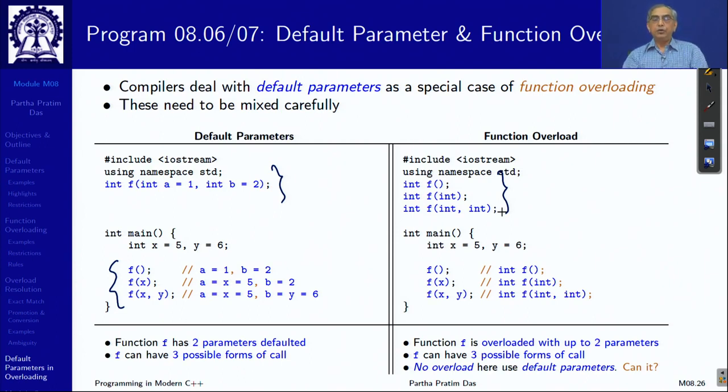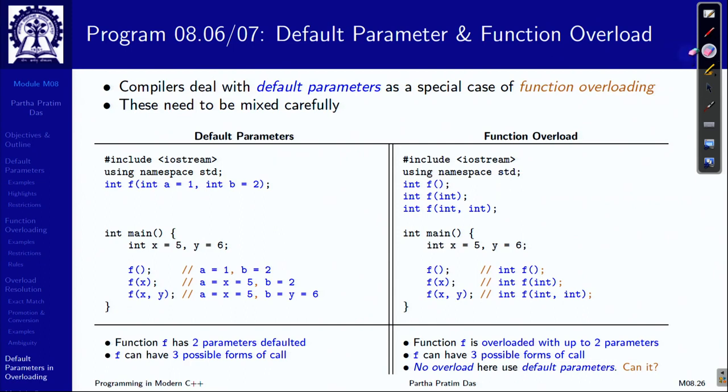So, default parameter is a semantically different entity, but it tells the compiler that you are doing an overloading in terms of the number of parameters and their types. So, default parameters are handled in the same way as function overloading is handled.